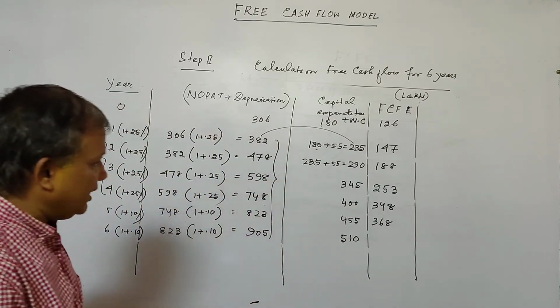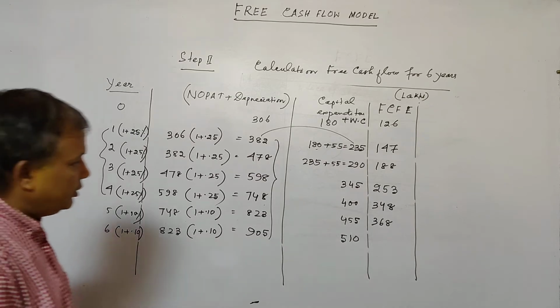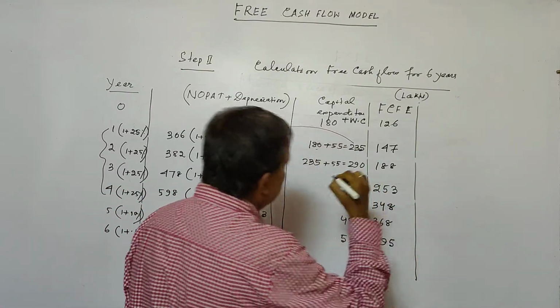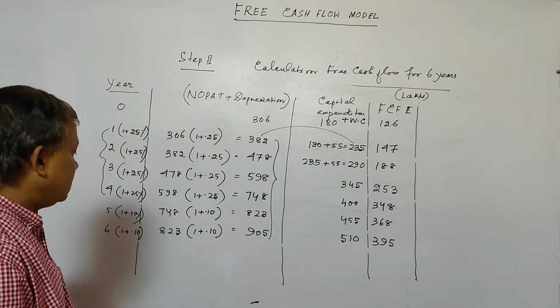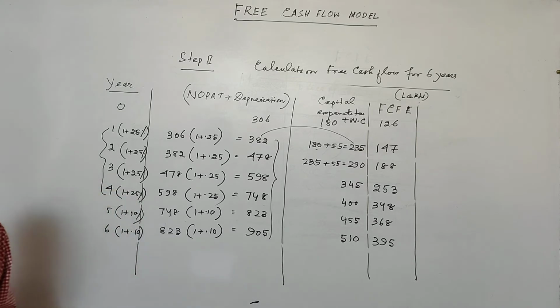And 905 minus 510, it comes to 395. So these are the free cash flows for the equity shareholder for these 6 years.